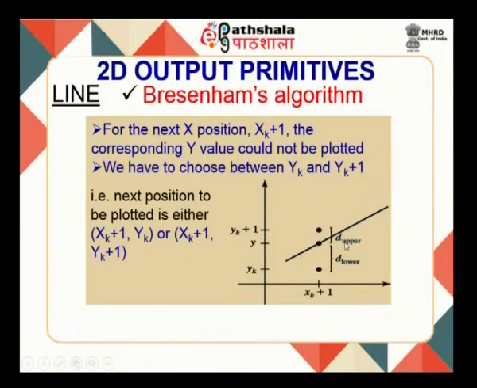In the diagram shown, the upper pixel is closer. If you compute the distance, we call this d upper. D upper is the distance between y and y k plus 1, d lower is the distance between y and y k. Whichever distance is smaller, we will be choosing the corresponding pixel.